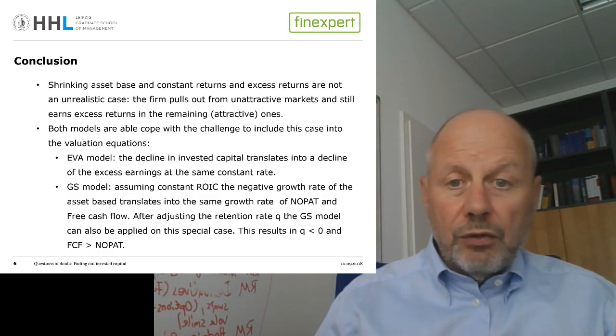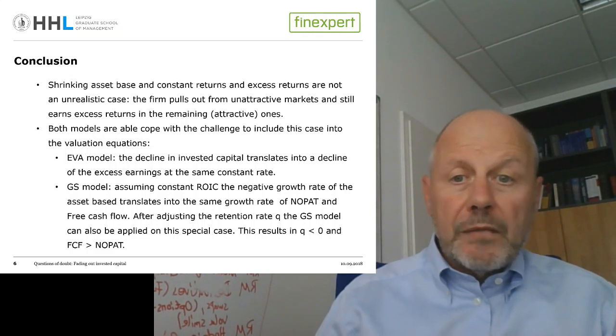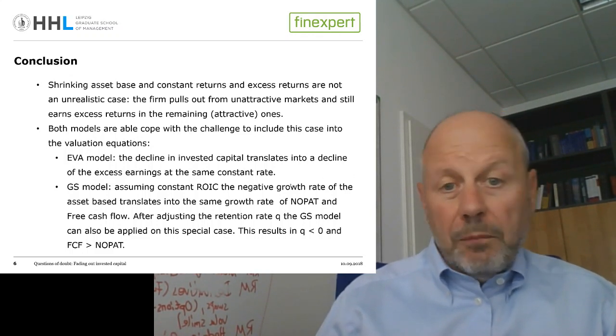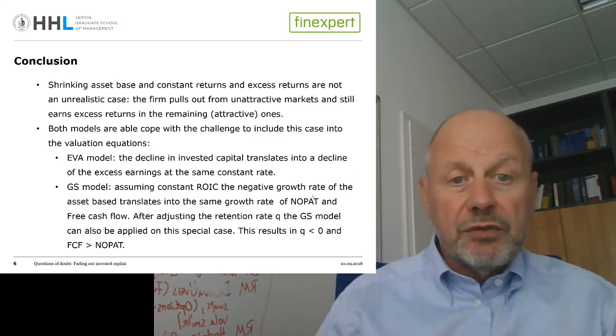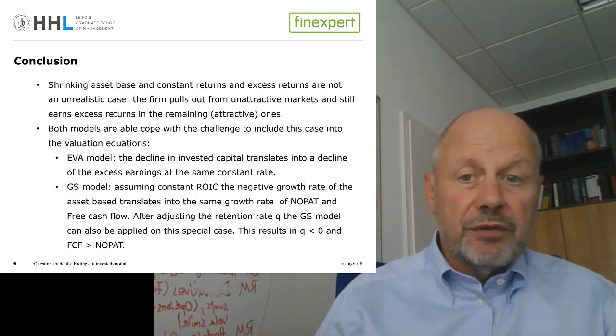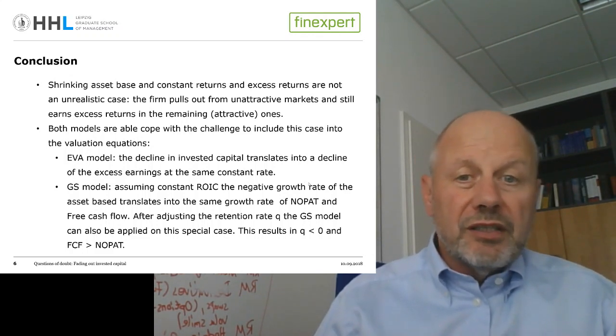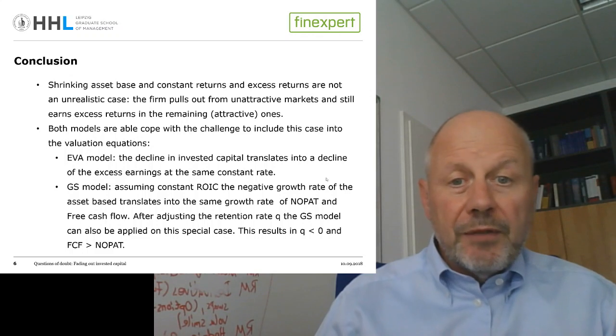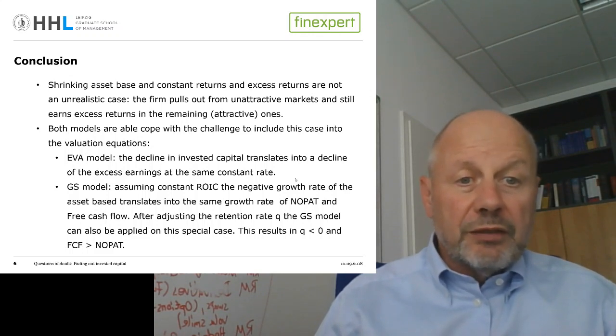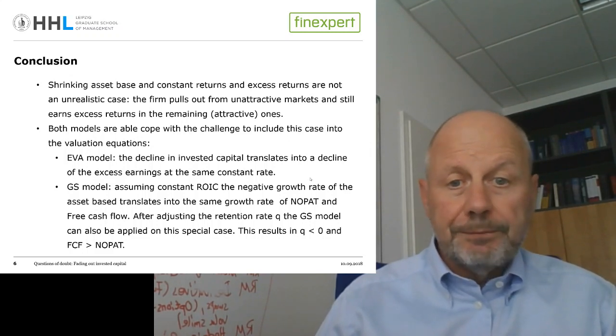So our conclusion is that a shrinking asset base combined with a constant rate of return or constant excess rate of return is not an unrealistic case. The idea is that the firm pulls out of unattractive markets and still earns a success rate of return in the remaining and of course attractive ones.